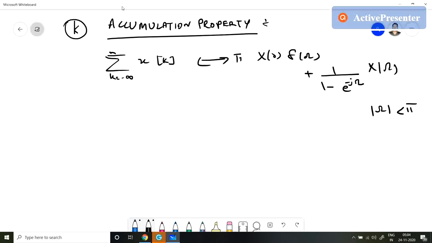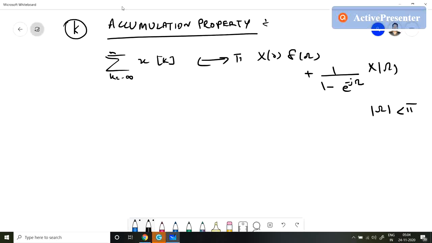Note that this accumulation property is the discrete time counterpart of integration.